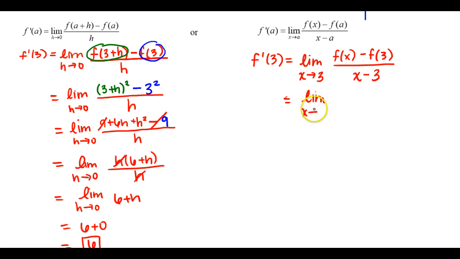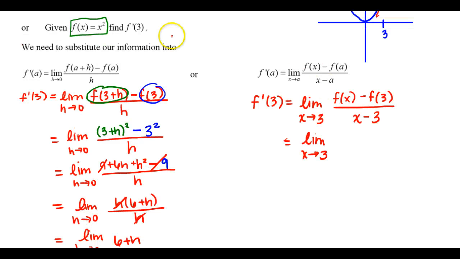The limit as x approaches 3 of, well, f of x, if you remember, we can scroll up, f of x was x squared. So in replacement of f of x, I'm going to put in x squared, and then we're going to do minus f of 3. So f of 3, just like we found over here, is 3 squared.